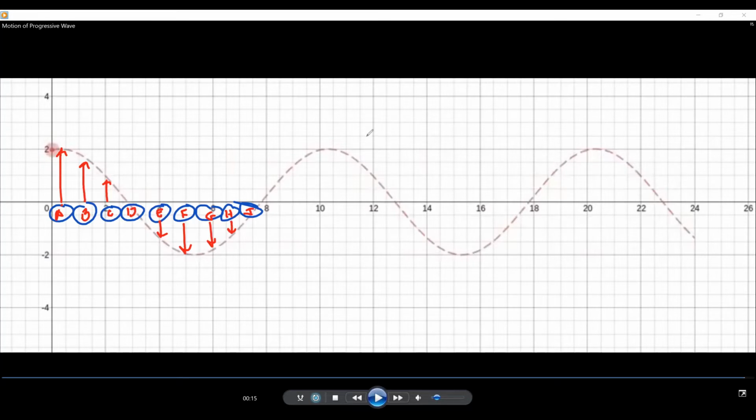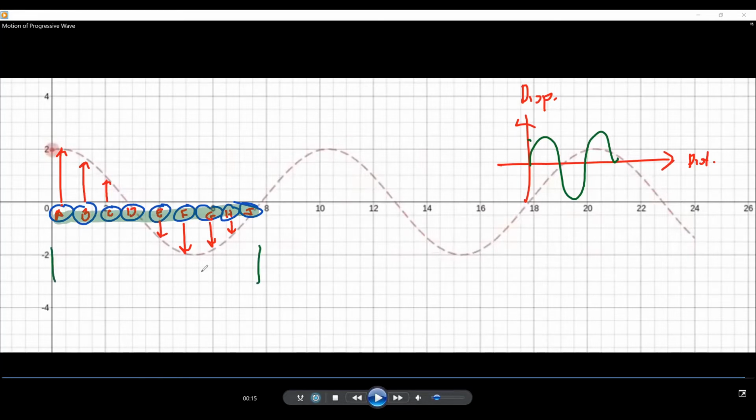So when you want to plot a displacement distance graph, which could be something like this also, what you're doing here is that you're actually taking into account a number of particles over a certain distance.